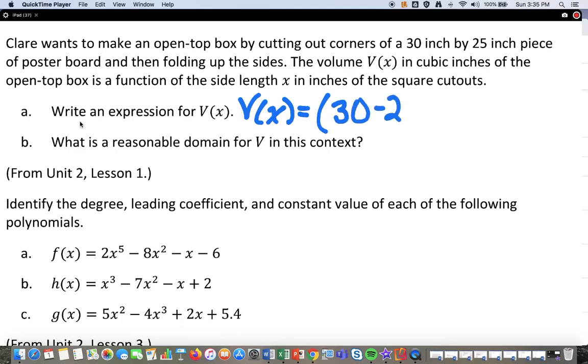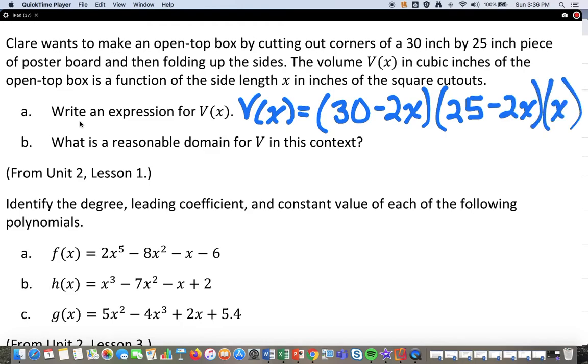We have to subtract 2 times the length of that little square that she cuts out. And then we multiply it, so that might be the length. And then the width would be 25 minus 2x. Again, same reasoning. And then the height would be x, so we have to multiply that in there too.